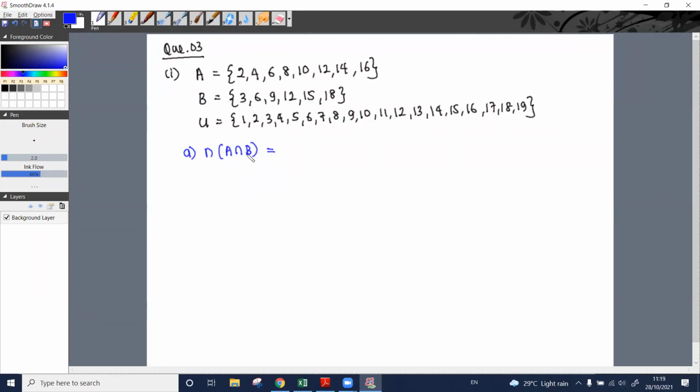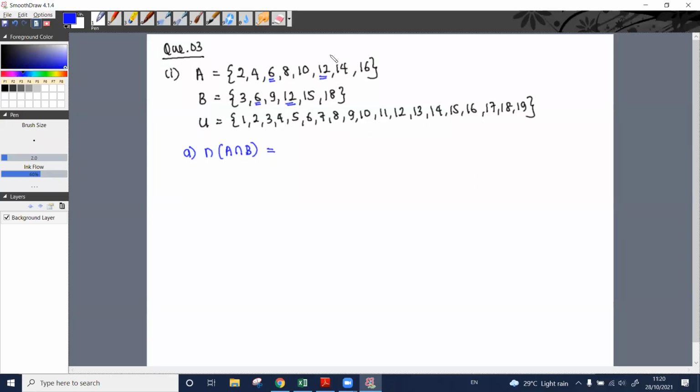A intersection B: how many elements are common to A and B? What are the elements common to A and B? From this we can take them straight away. I see 6 is common to A and B. What else? 12 is common to A and B. That's it, no?